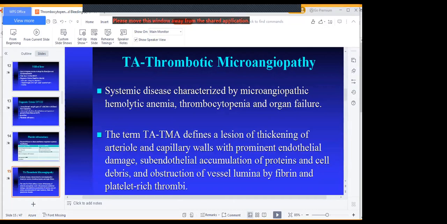Transplant-associated thrombotic microangiopathy is a systemic disease characterized by microangiopathic hemolytic anemia, thrombocytopenia, and organ failure.